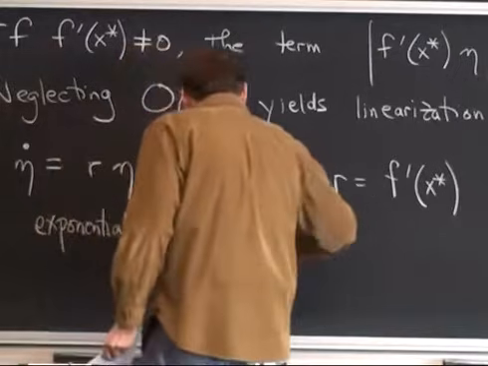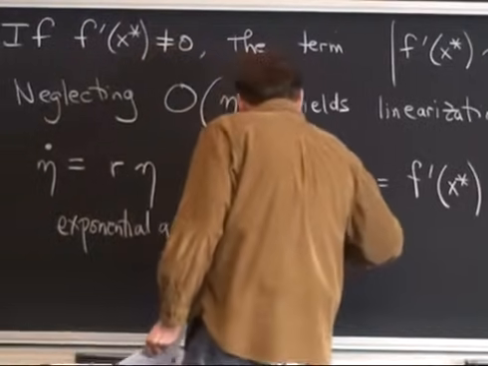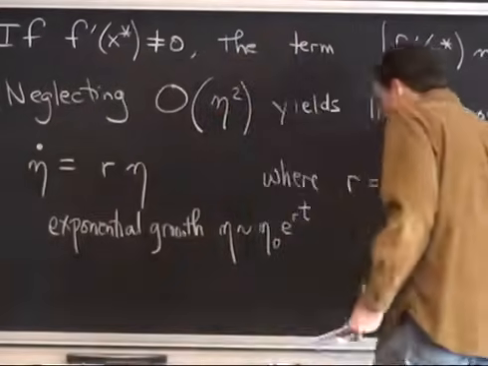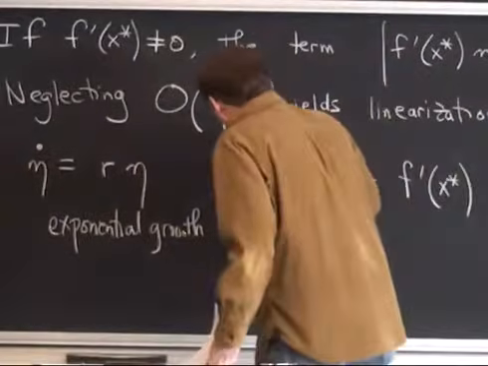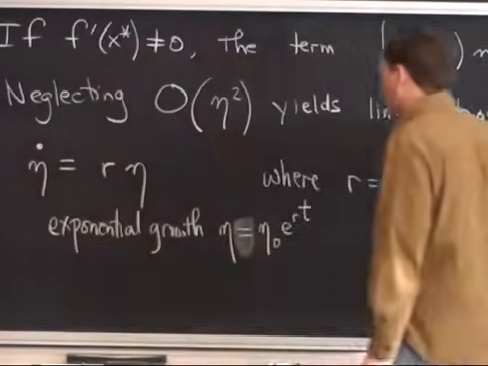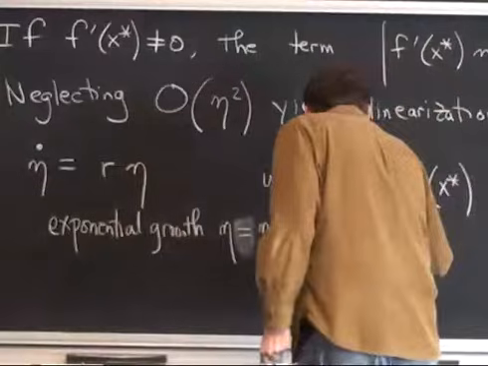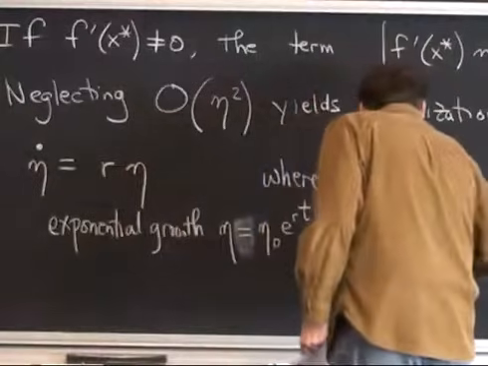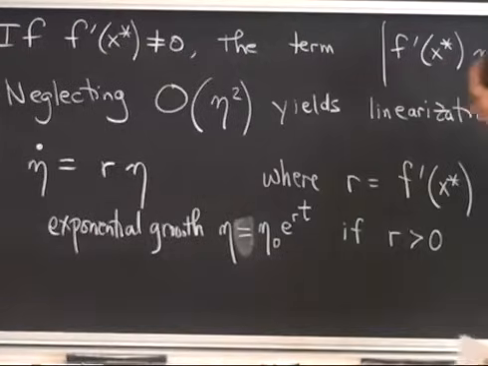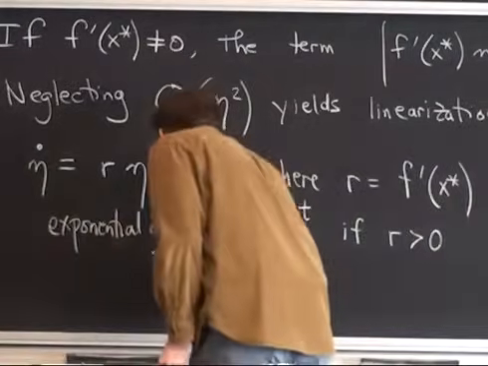Eta grows like whatever the initial eta is times e to the rt. Actually, I might as well say equals, because it's not just approximately. It really is equal for the linearization. So we get growth if we have r greater than 0, and then we have decay if r is less than 0.